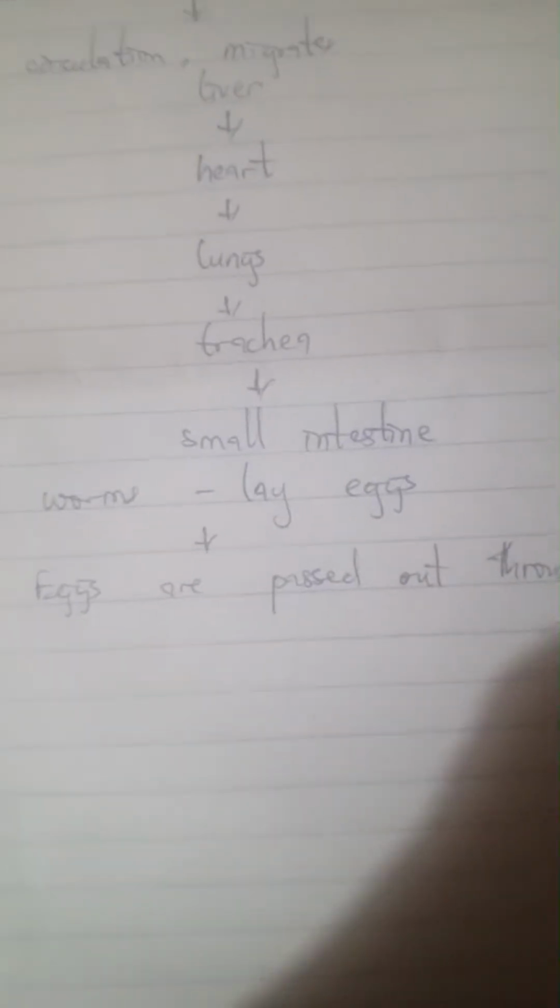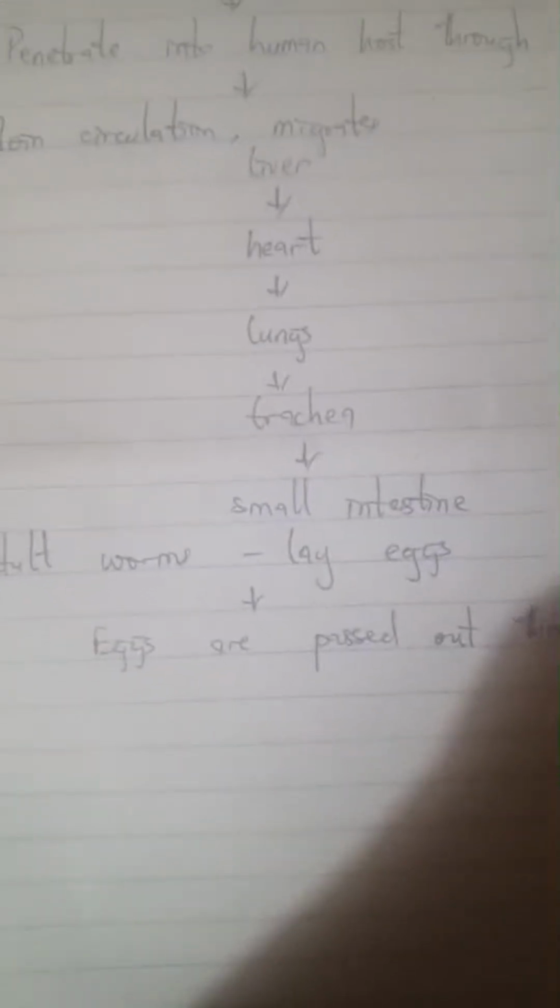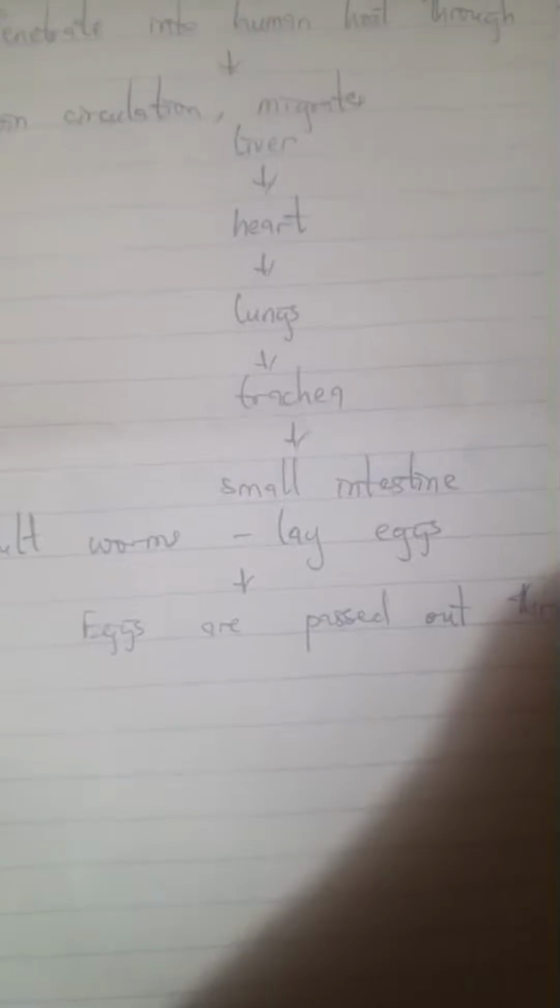Now, if you go to the farm, like I said earlier, you match the soil that contains hookworm eggs. If those eggs are in their infective stage, which is the filariform form, it enters through the human body, through the skin. Then it flows with your blood and migrates from the liver to the heart, to the lungs, to the trachea, to the small intestine.